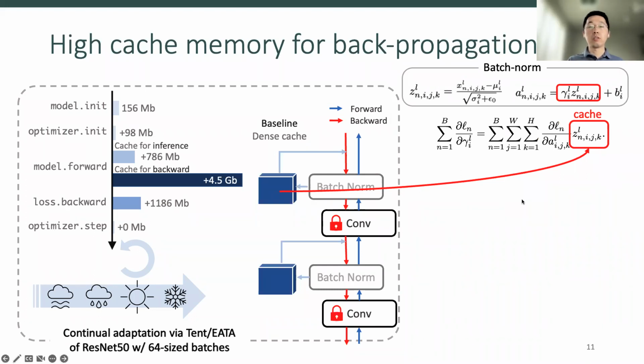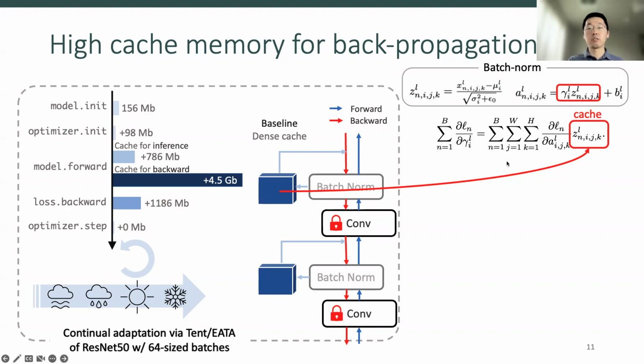When we say we are updating the batch normalization, we are updating two things. One is the statistics, which is very lightweight. The other is the affine parameters, which are low-dimensional, channel-wise parameters gamma and beta.